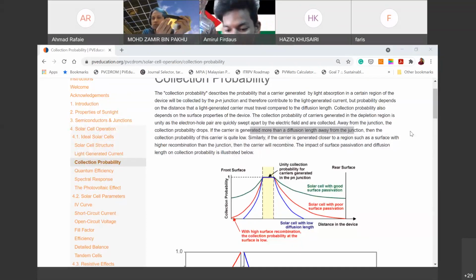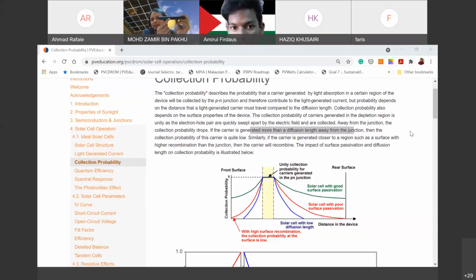Even if it is not in the depletion region, if it is away from the depletion region by LE or LH, it will still get collected because it can travel that distance, and that is the journey it has to travel to get to the depletion region in order to be collected.